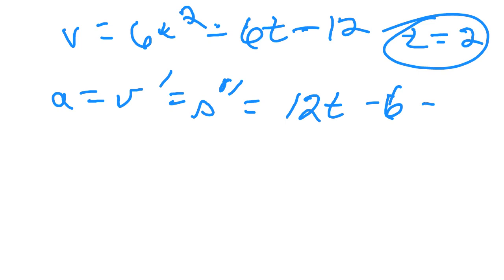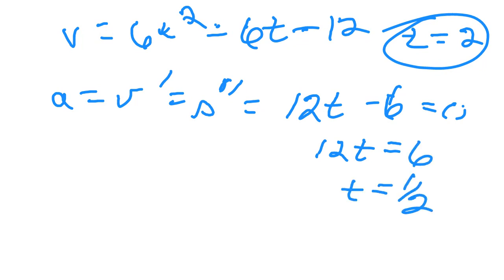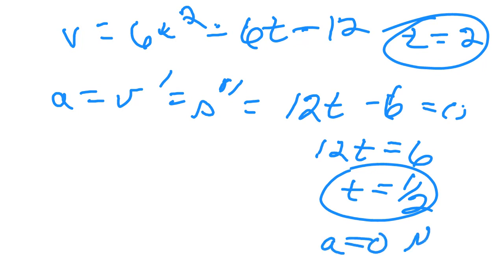So where is this 0 or undefined? Set it equal to 0, and we get 12t equals 6, so t equals 1/2. At 1/2 a second, the acceleration equals 0. What does that mean? No pull. Acceleration is like the rubber band. There's no pull at 1/2 second.